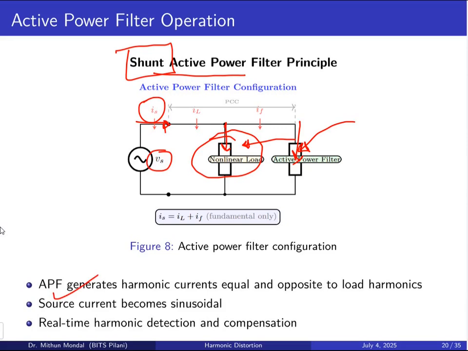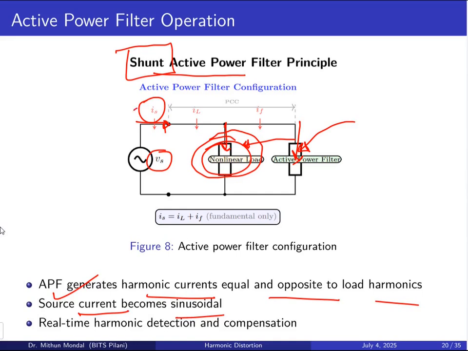This active power filter will generate the harmonic current which is equal and opposite to the load harmonics. So this non-linear load will have certain harmonics, and the active power filter will generate currents which counteract, equal and opposite to the load current. The source current will become sinusoidal.